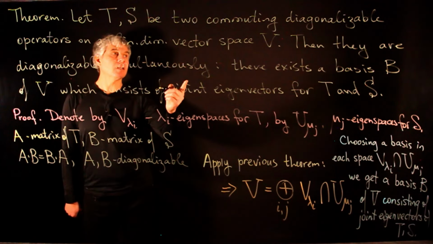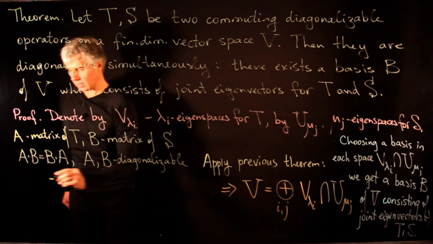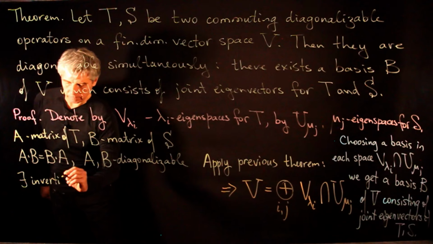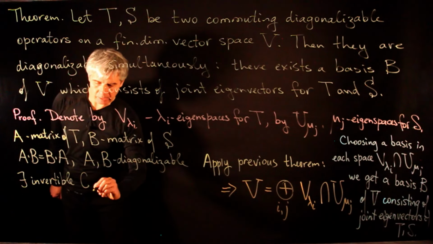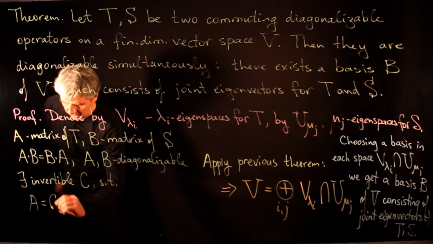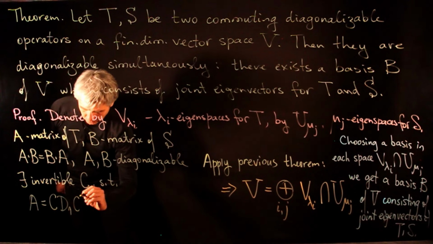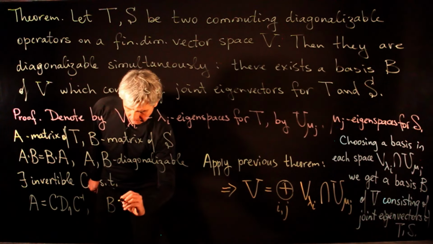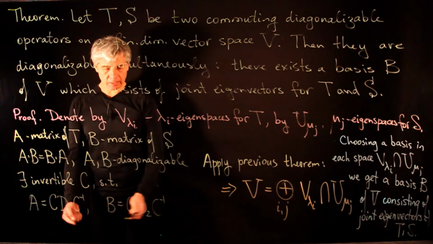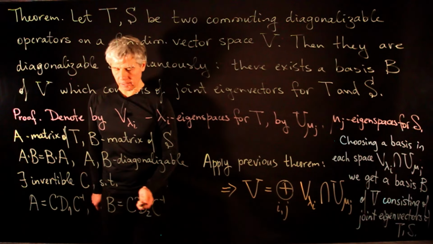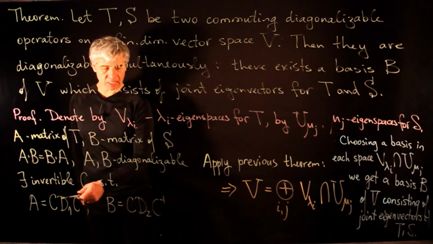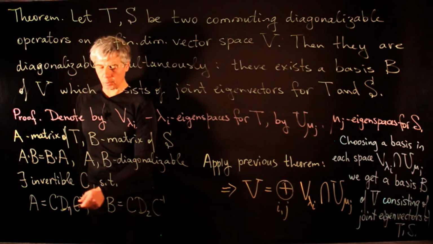The claim that they are diagonalizable in the same basis means that there exists a common invertible matrix C such that A is written as C times D1 times C inverse, and B is C times D2 times C inverse. D1 and D2 are two diagonal matrices, but what's important here is that this change of basis matrix C is the same in both factorizations.